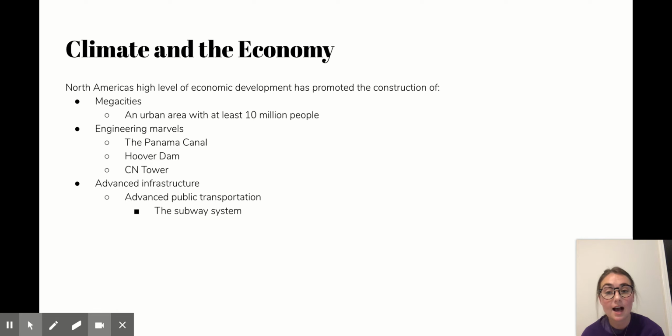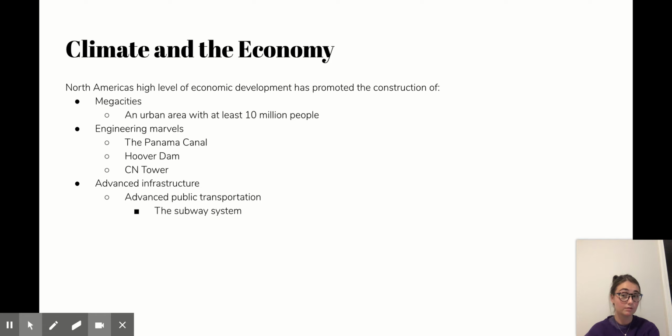North America's high level of economic development has promoted the construction of megacities, which is an urban area with at least 10 million people. This would be like New York City, Los Angeles, super big cities like that.